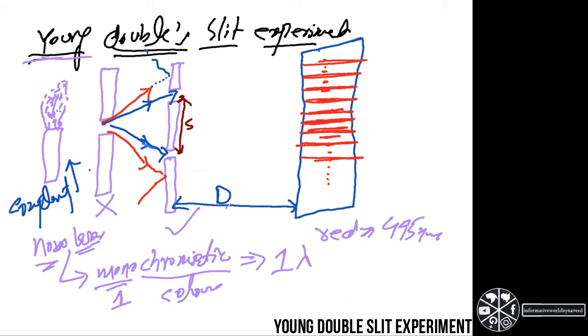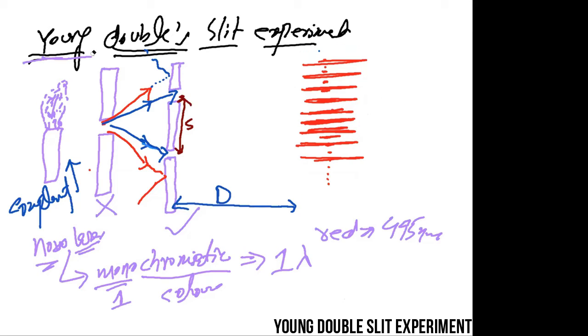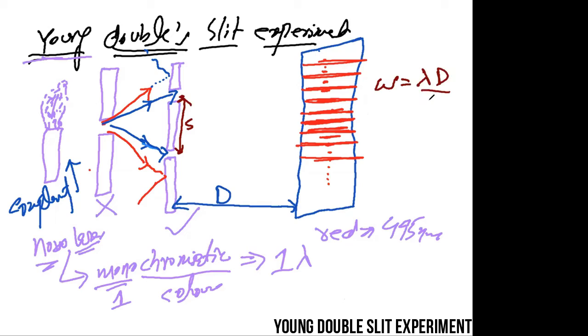This is B. If you want to find the fringe width, that is, if this is a fringe, then this width, you can find it by using this formula, that W is equal to lambda D divided by s. This is the fringe spacing, and this is the length W, this is D, and this is the slit.